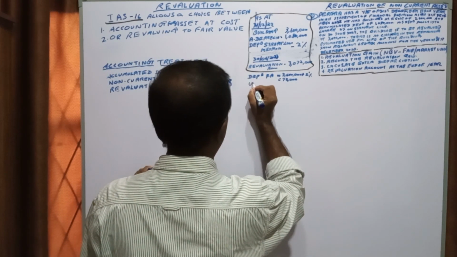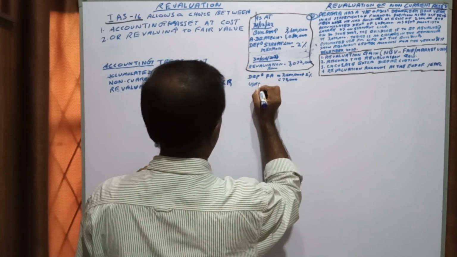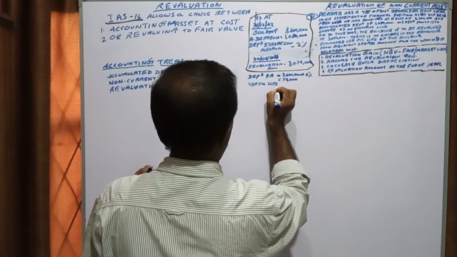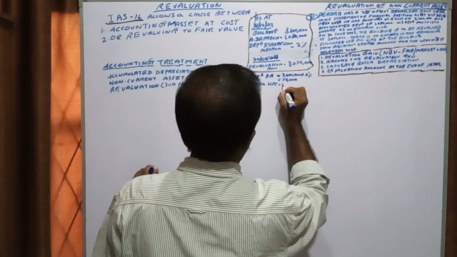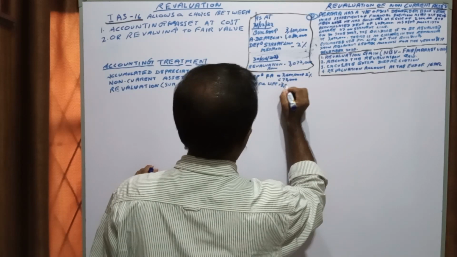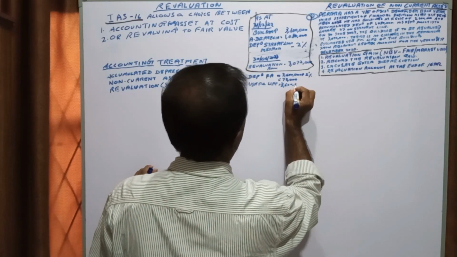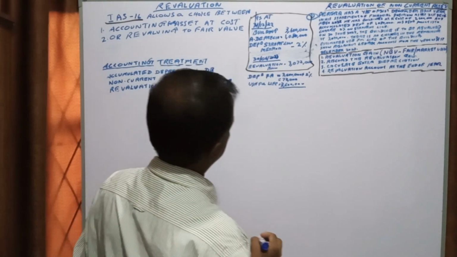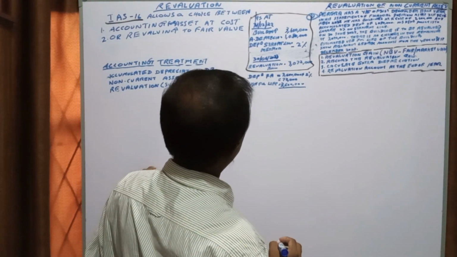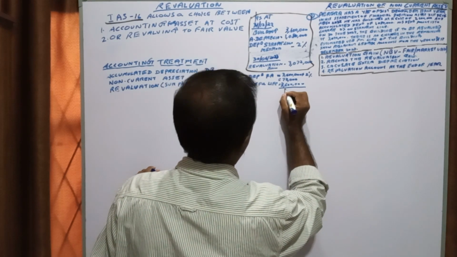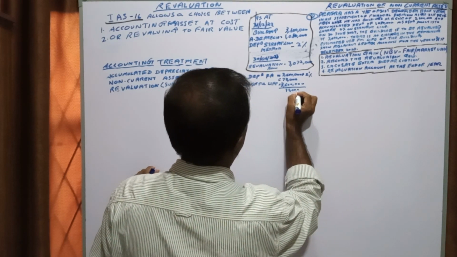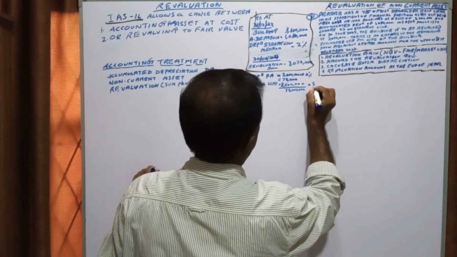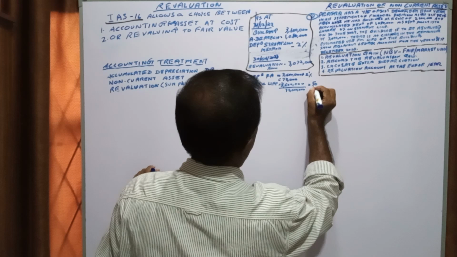Then useful life, you will say 3,600,000 divided by 72,000, that means 50 years.